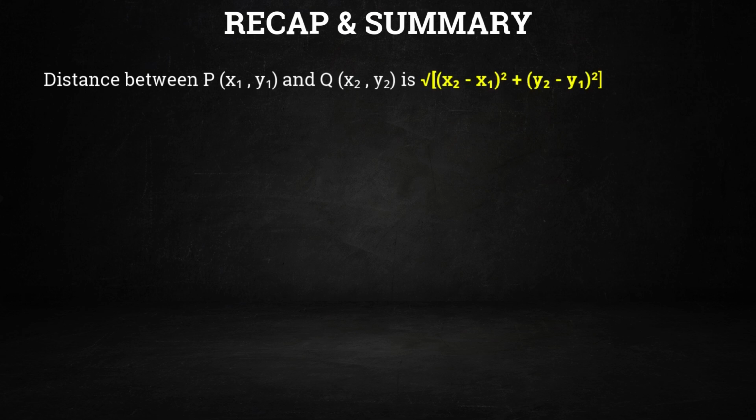Let's quickly recap. The distance between 2 points P (x1, y1) and Q (x2, y2) is given by square root of (x2 minus x1) whole square plus (y2 minus y1) whole square.